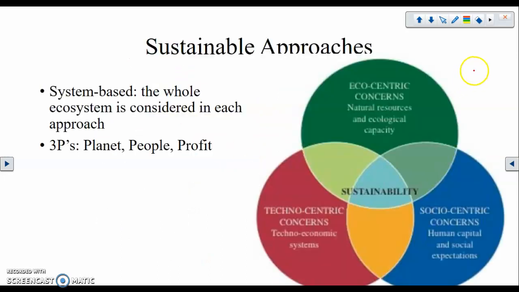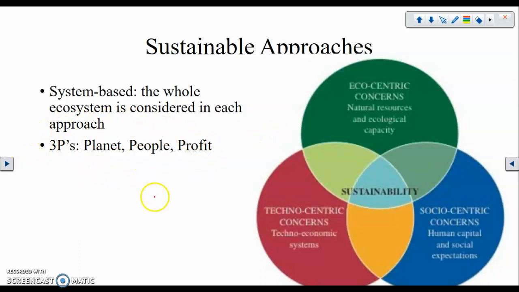Right now we have the modern era of sustainability. In the old era of conservation versus preservation, we talked about single players in the system. In sustainability approaches, we're talking about the whole system, and the shortcut for this modern sustainable approach is called the 3 Ps.